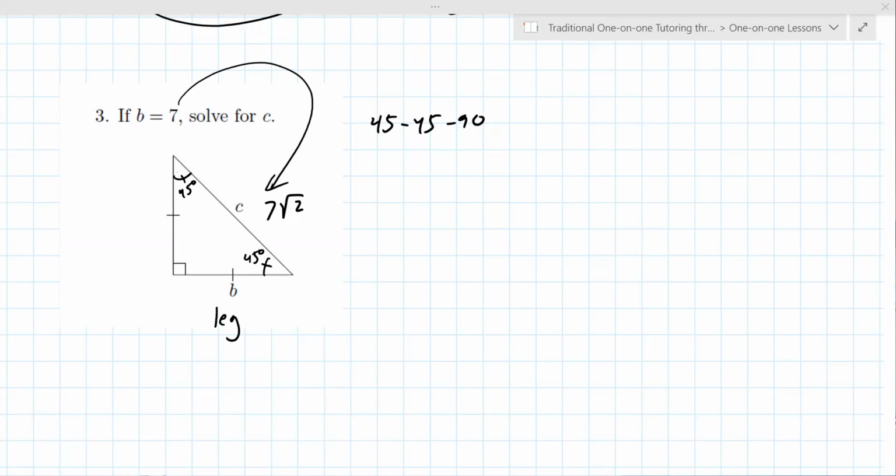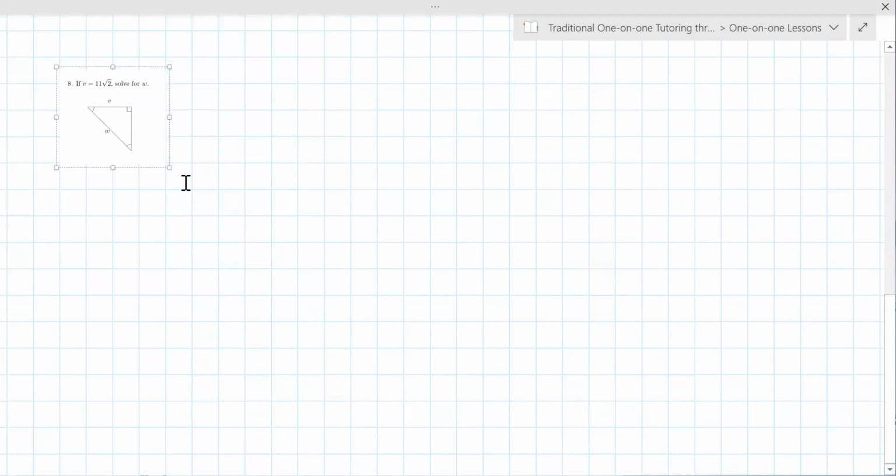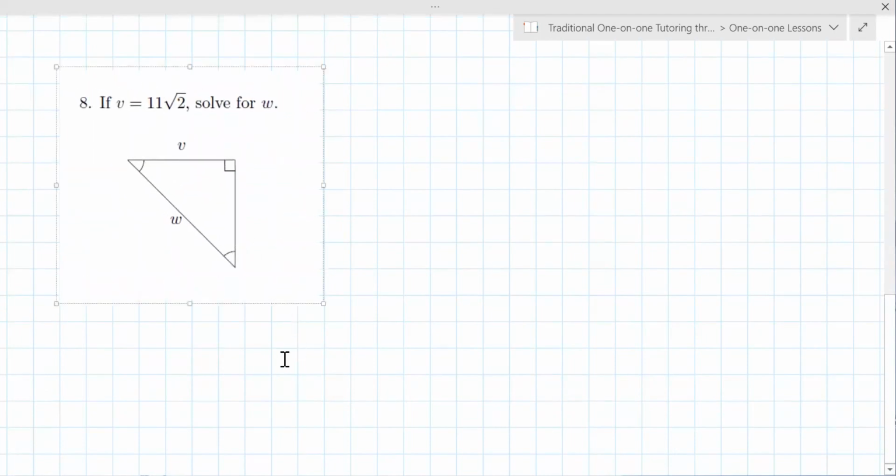All right, so let's look at another problem here. What are some other possible variations on the same problem? So again here, this is a 45, 45, 90 triangle.